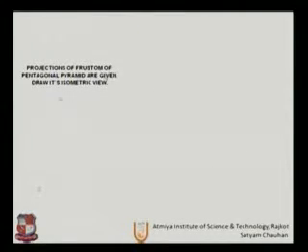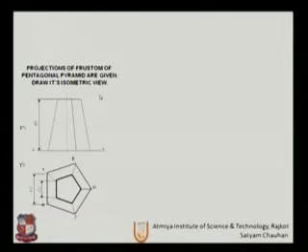Now the projections of a frustum of a pentagonal pyramid are given. We have another pyramid with a pentagonal base, and the smaller top will be given as 20 mm. So let us draw first a rectangle to get the outermost dimension.